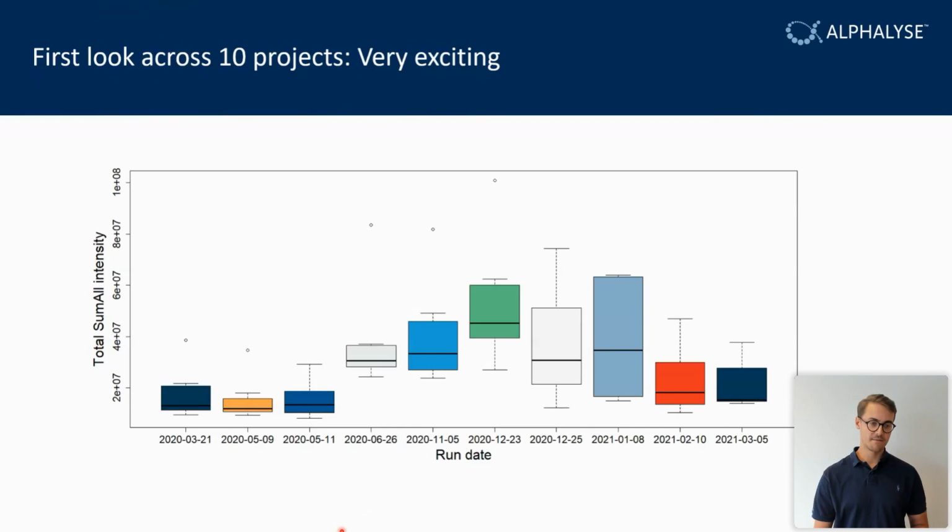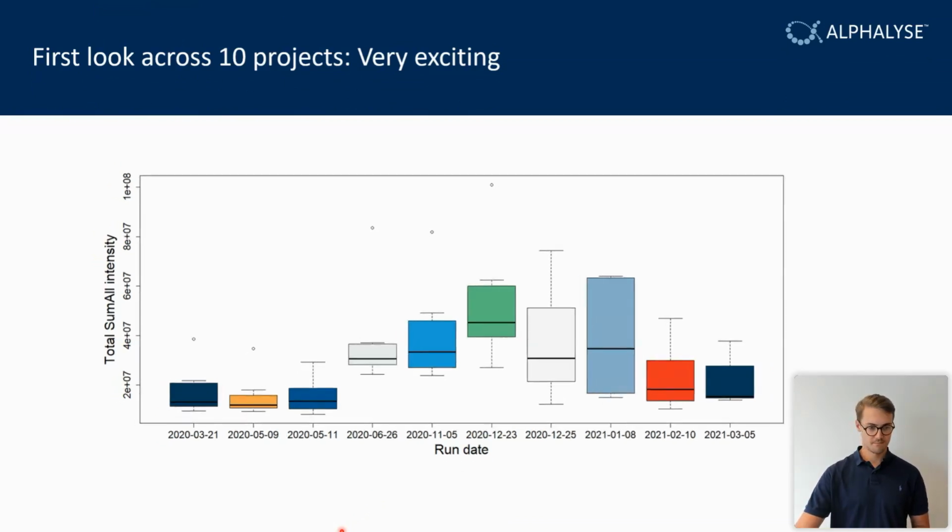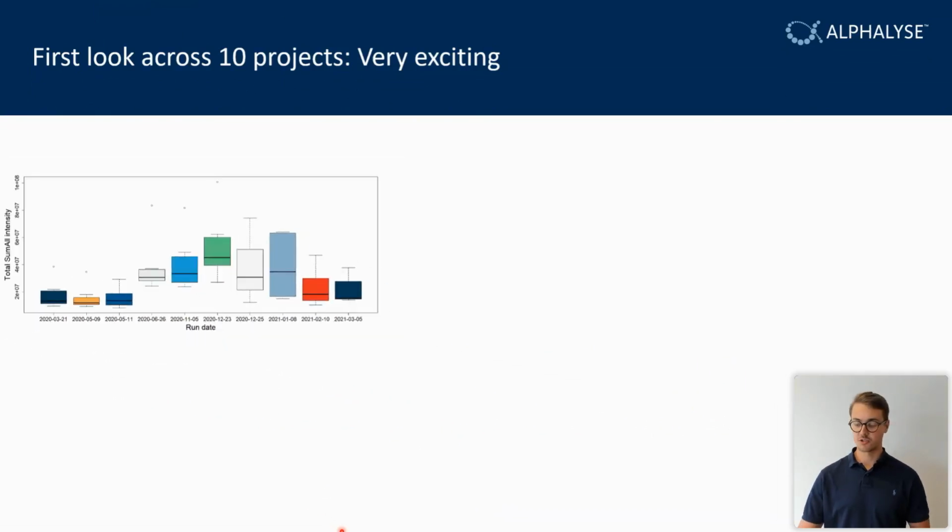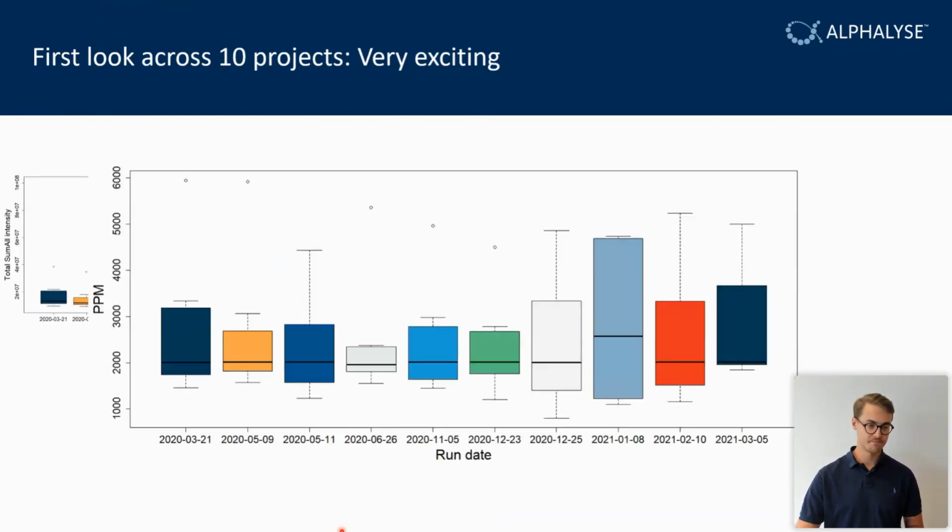Here we have some box plots where you see the total sum-all intensity for the 7 standards in each project over time. As you can see, there's quite a bit of variation across these 10 projects, and it's one of the reasons why it's so difficult to quantify with mass spectrometry.